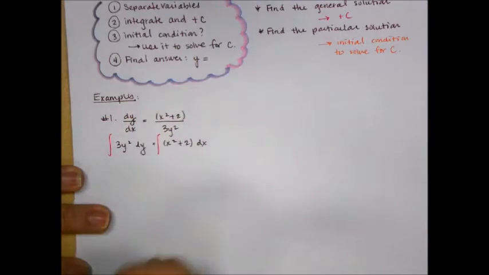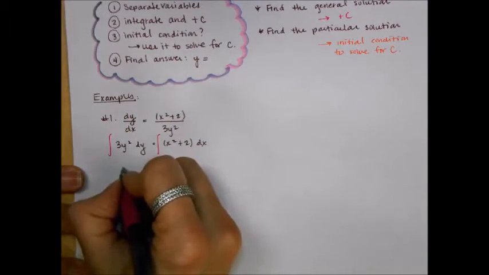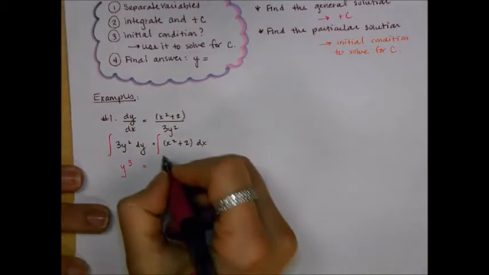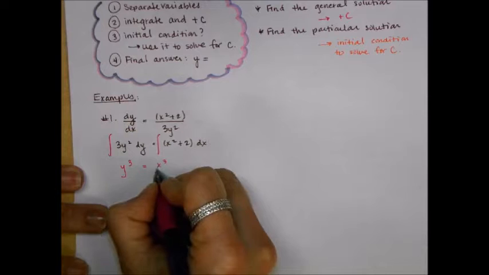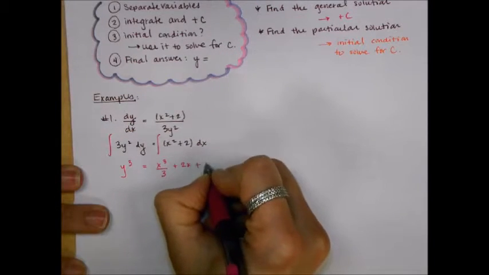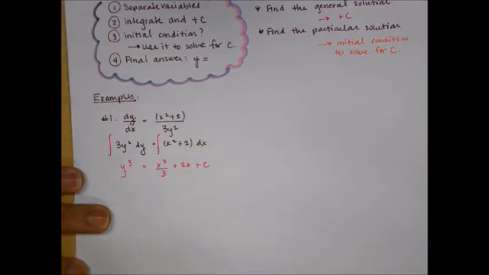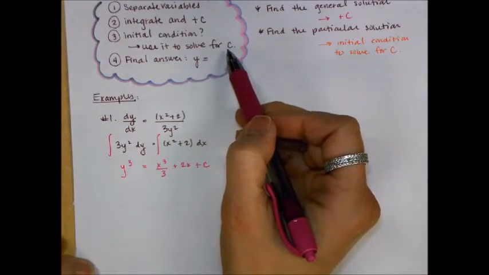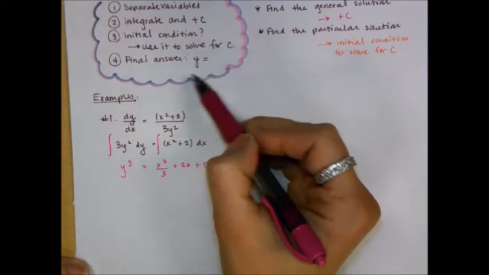So over here on the left side, we get y cubed. On the right, x cubed over 3 plus 2x, and then plus c. Now, I was not given any initial condition, so there's no way to solve for c here, and my final answer just needs to be in the form y equals.